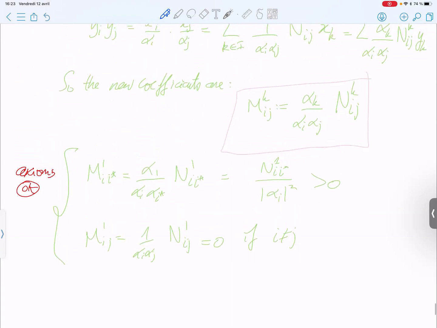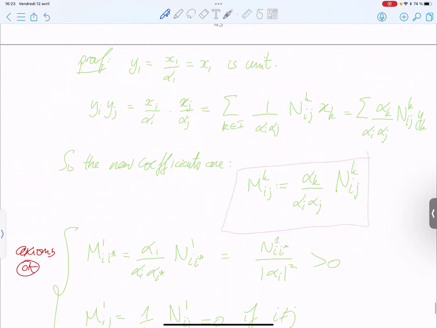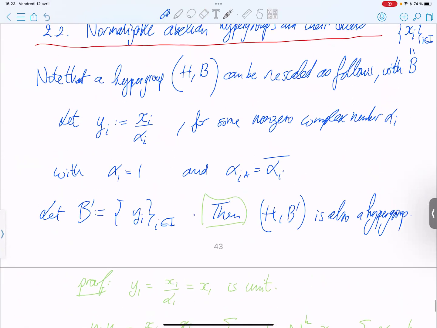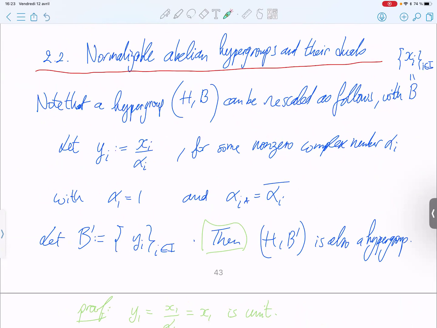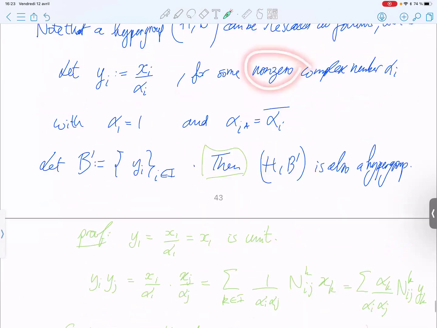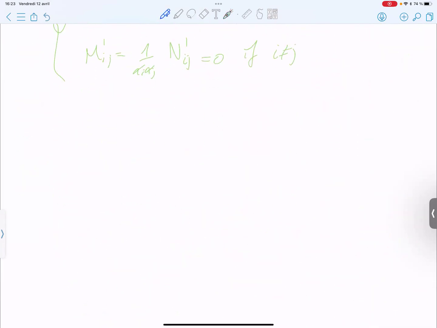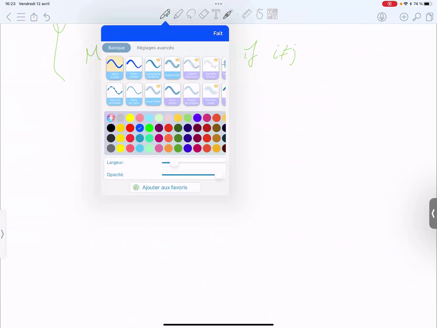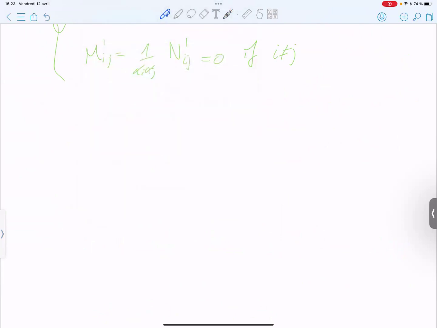Now what about tau? So we consider the new hypergroup now, renormalized like that, with alpha i all non-zero. So what about tau, and what about the formal codegree? So tau prime of, as it was defined before, tau is just that: the tau map of the rescaled hypergroup.